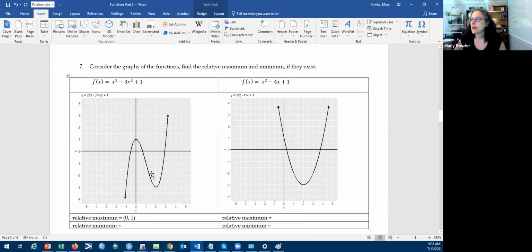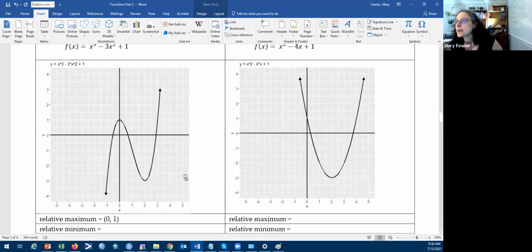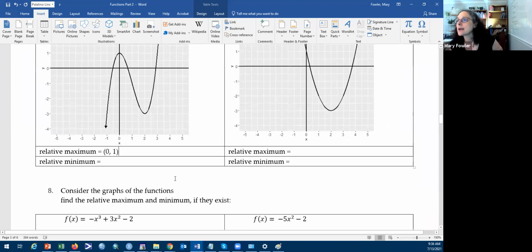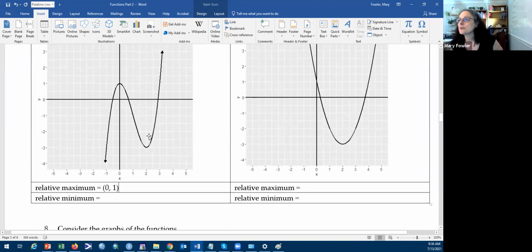And we see here another relative extreme point. We see that when x equals 2, y is equal to minus 3.